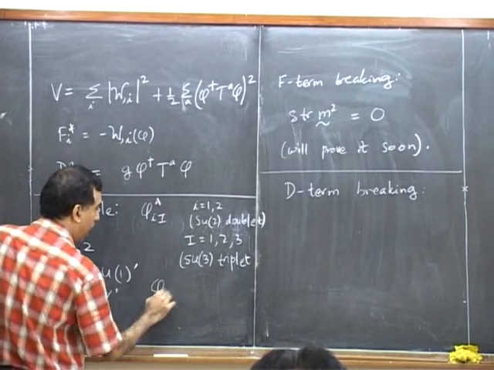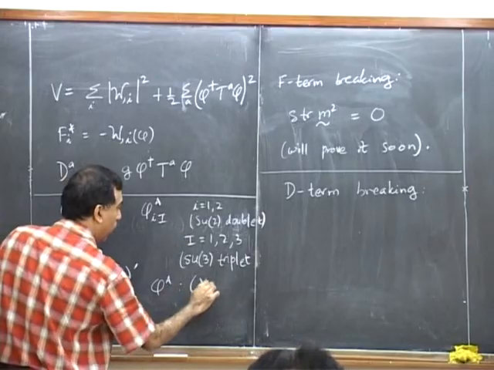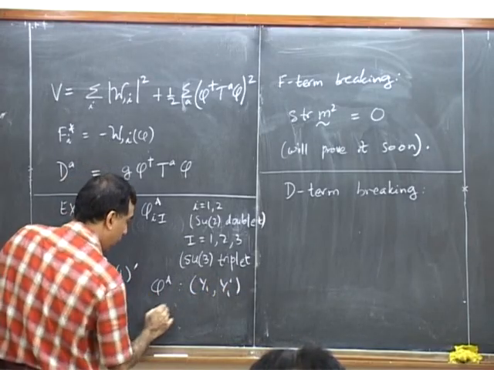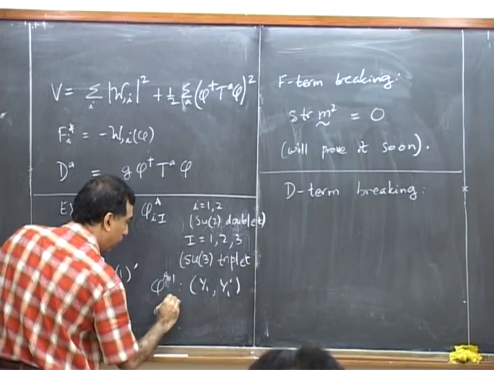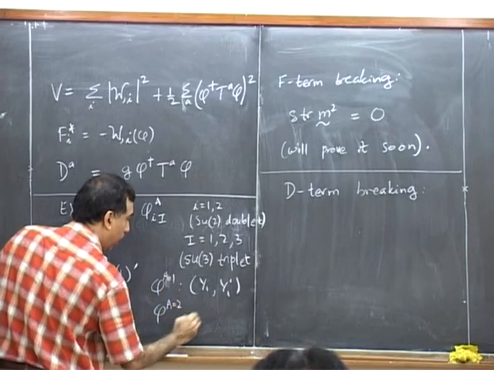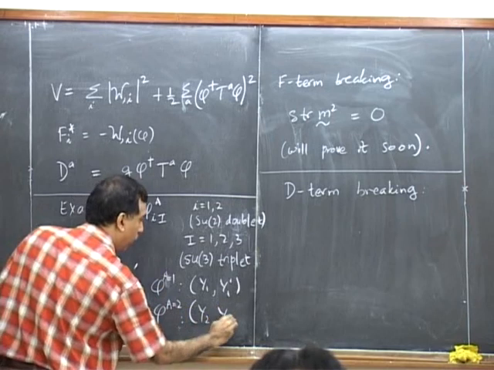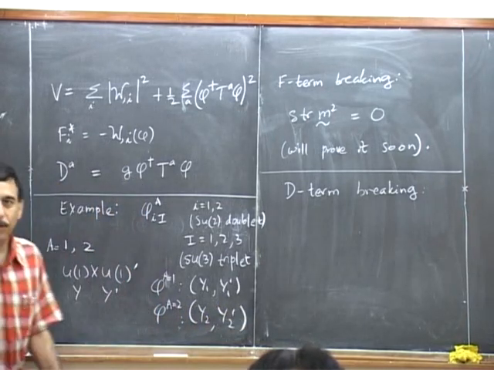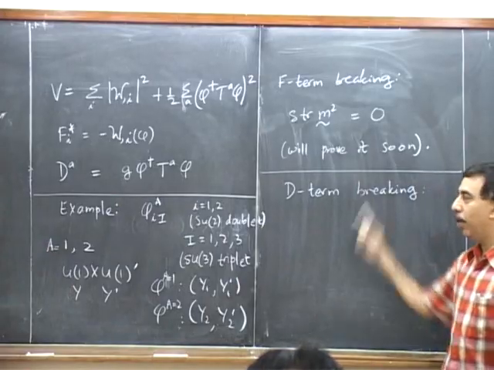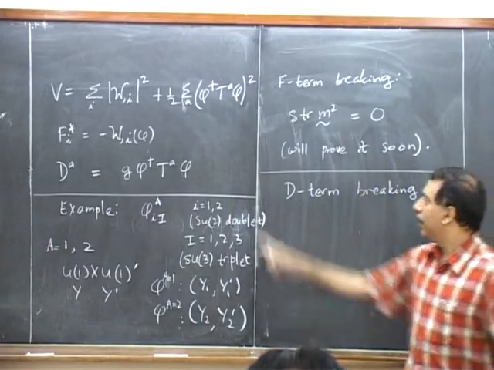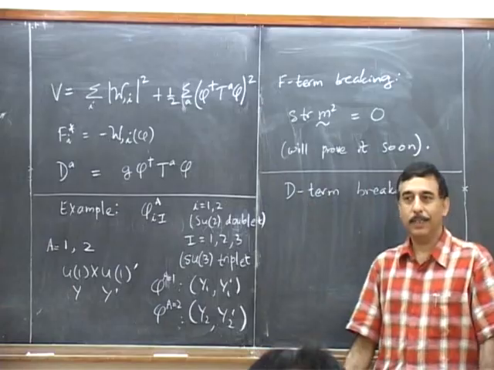So let's say that φ_A with A equals 1 has hypercharge Y1 and Y1', and φ_A with A equals 2 has hypercharge Y2 and Y2'. So I've given you all the data about φ and its quantum numbers, and now who volunteers to come and write φ† T^A φ?